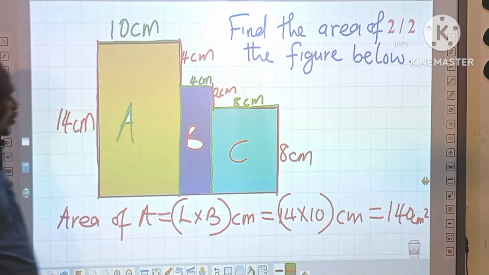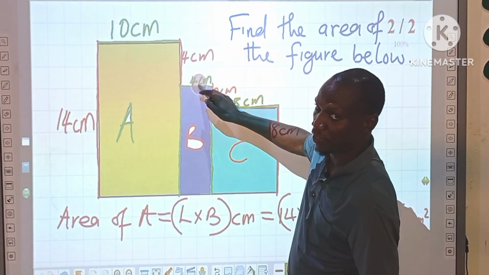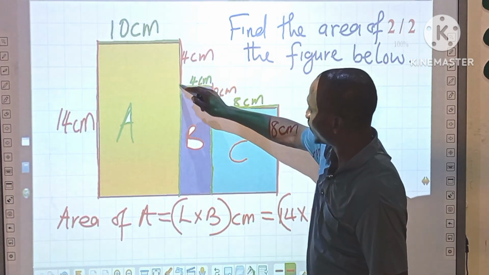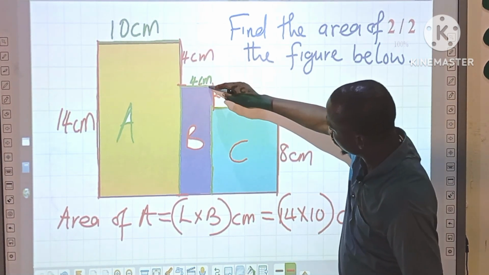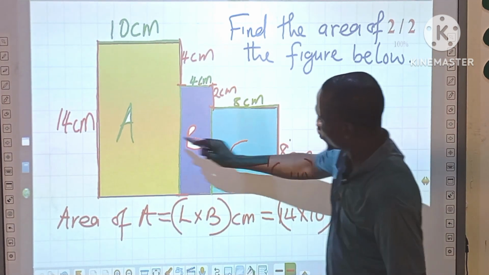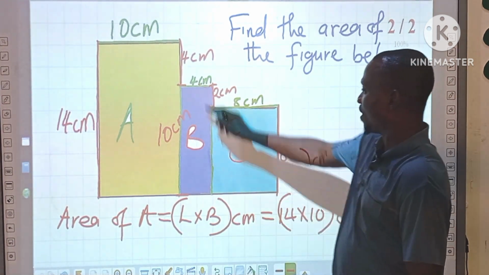Now we look at B. For B, we already have 4 as our breadth. Now the length is from this position to this position, which is equal to these 2 plus 8. So the length of B is 10 cm and the breadth is 4 cm.